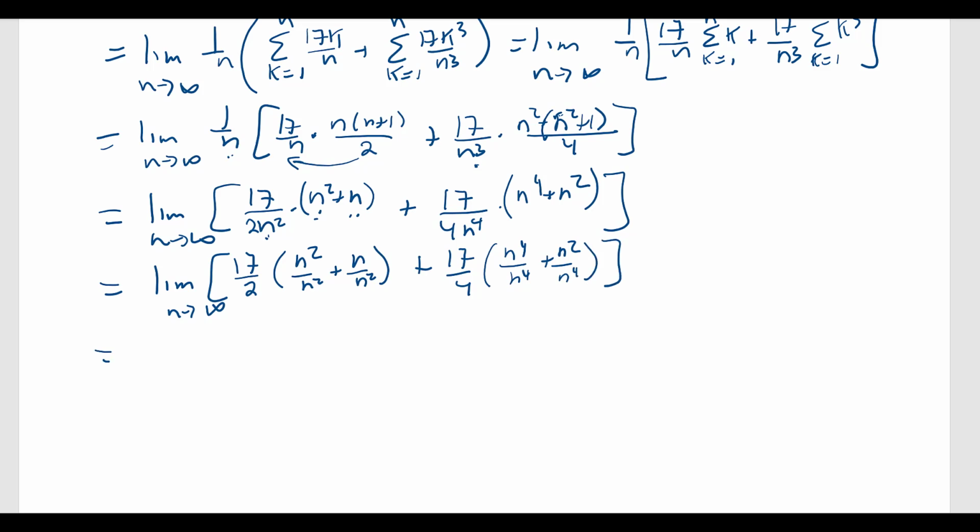So we have the result that these divide out, leaves a 1. Here leaves an n down below. These divide out, leaves a 1. And here we have an n squared.